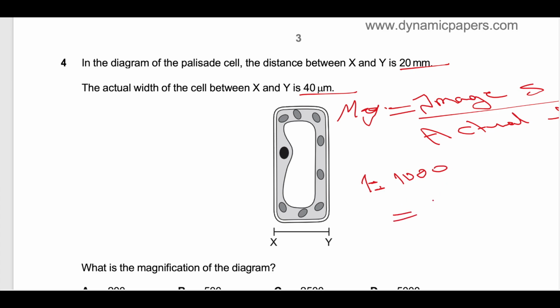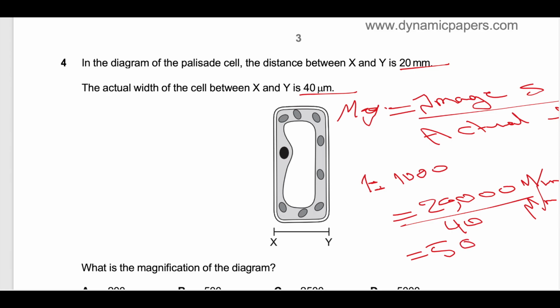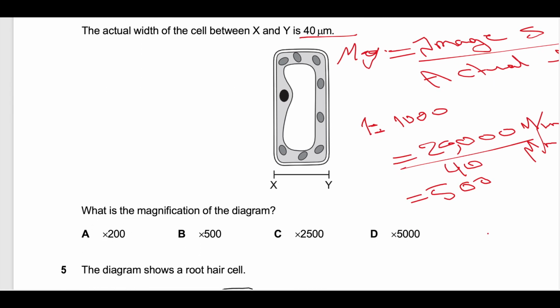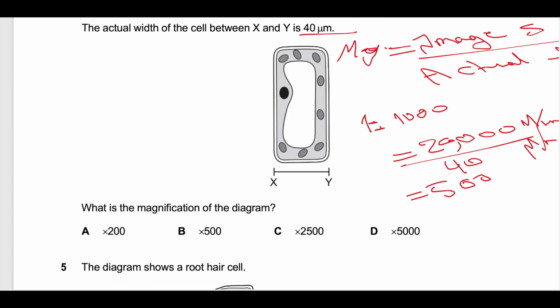So 20 times 1000, it will be 20,000 divided by 40, both of them micrometer. When we cancel it, 20,000 divided by 40 will equal 500. So the magnification of the diagram should be 500, which means the answer is B.